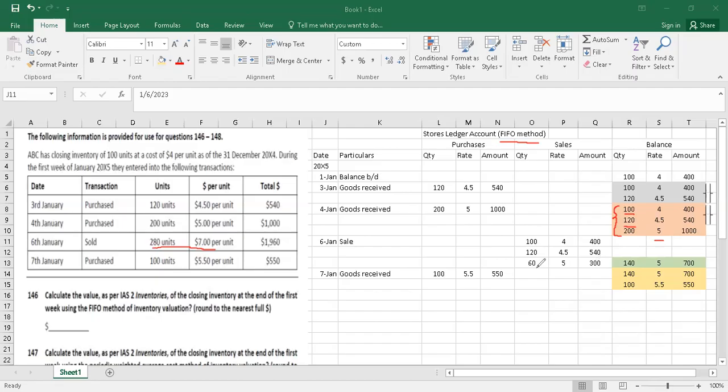Out of 200, if 60 are issued out for the sale units, the balance is 140 units at the rate of 5, which is 700. Then on 7th January, they again received material on account of purchases. This time the rate per unit is 5.50. There are 2 lots of material available as on 7th January: one lot of 140 at 5 per unit, and another lot of 100 at 5.50 per unit, which is 550.